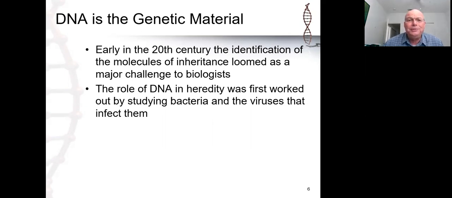And when you compared the two molecules contained in chromosomes, DNA, which came apparently in only one form, was made up of only 4 subunits, what we now call the 4 nitrogenous bases or the 4 nucleotides. Compare that with proteins, which come in literally hundreds of thousands of different forms and were made up of at least 20 subunits, the 20 common amino acids.